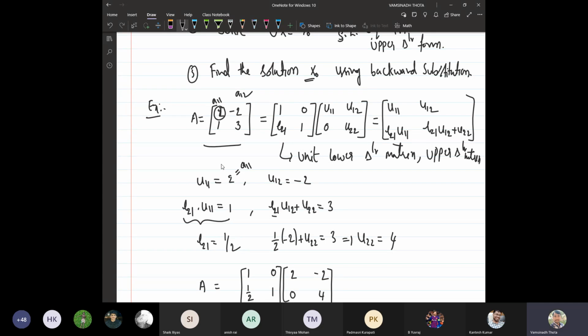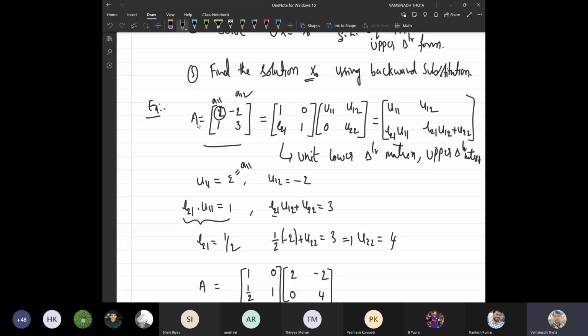Not only that, even if the determinant of A becomes 0, in that case also we cannot decompose the matrix A into LU form. But where have you used the determinant?